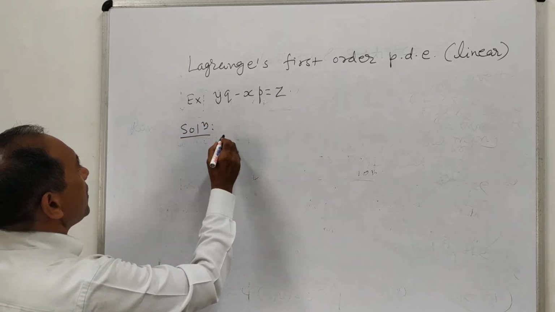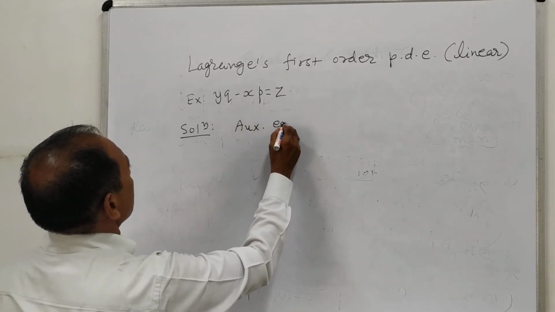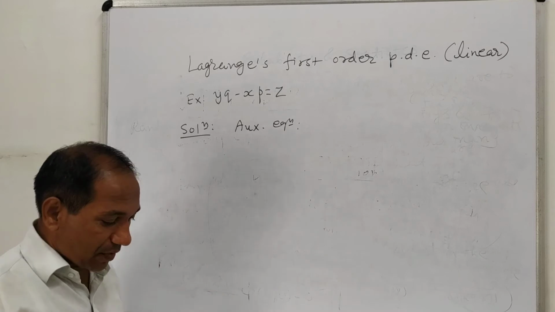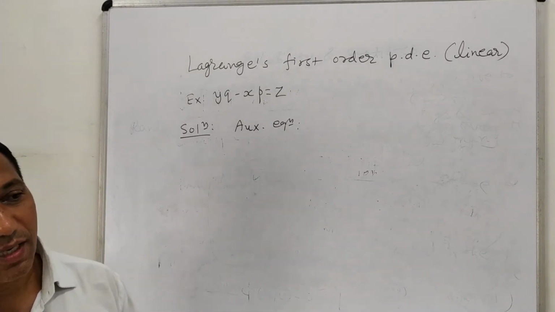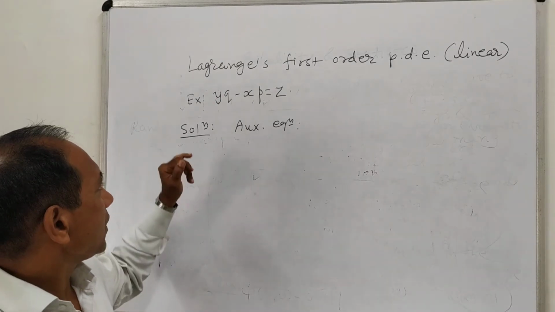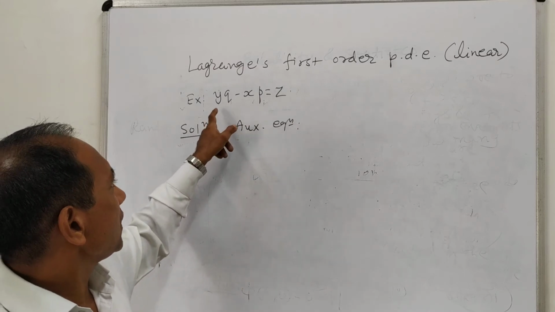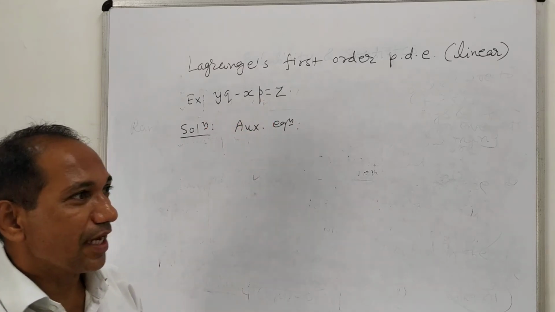First of all we will write down the auxiliary equations. As I told you last time, whenever you start with the solution, from the given question you start with what is given. So you should write that given (y cube minus x) p equal to z.